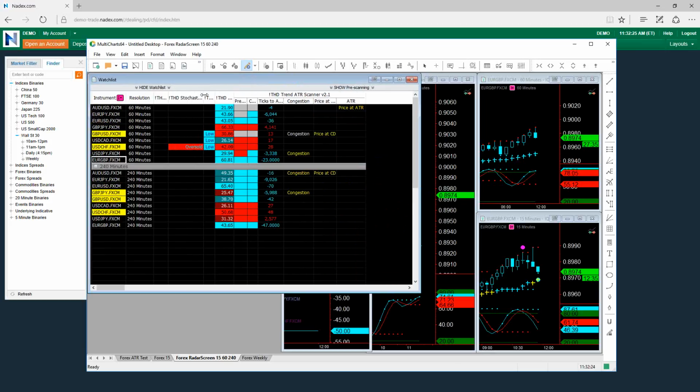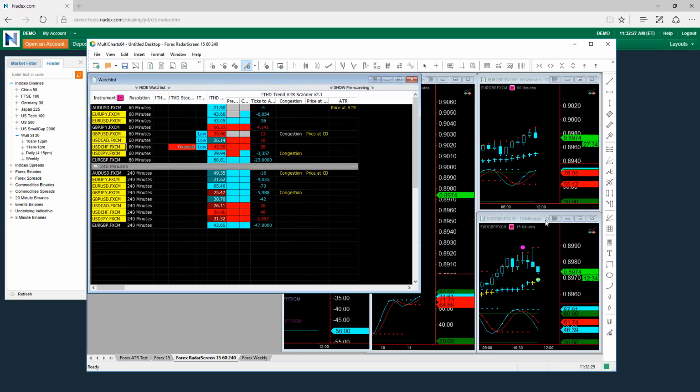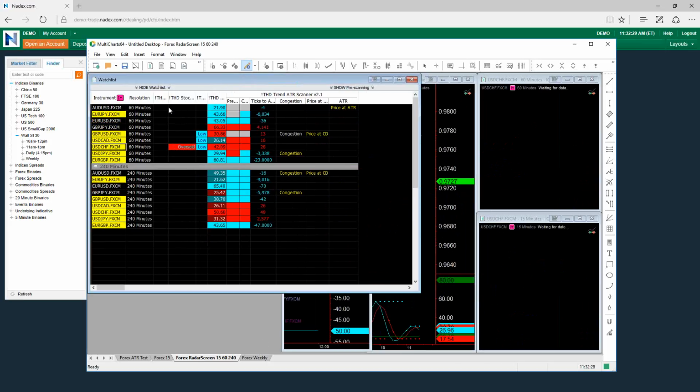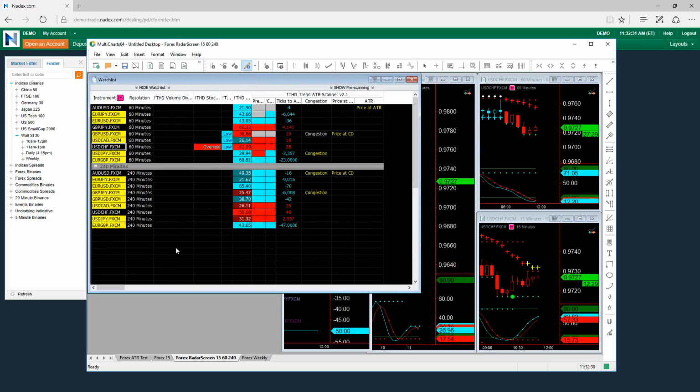If I'm oversold, like right now on the USD Swiss franc, you're oversold. I've got volume divergence here. And if for some reason I get volume divergence and I'm overbought or oversold, it's popping off alerts at me. And that's one reason I can keep up with all of the currencies I trade.